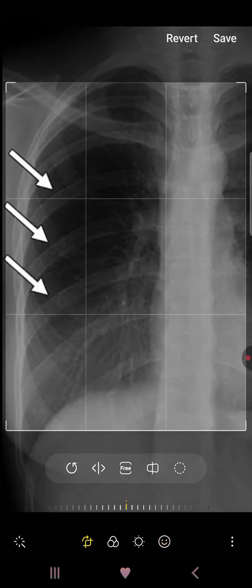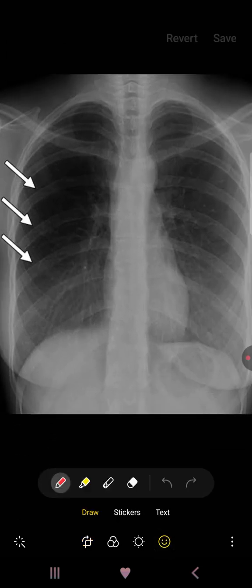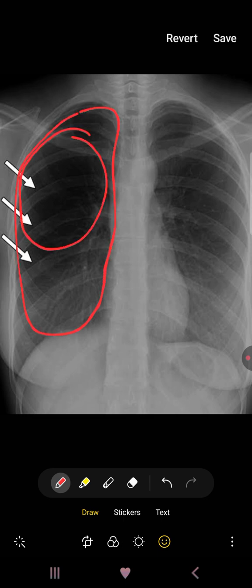Sorry, I just cropped the image, sorry for that. So you may appreciate that this area of the lung appears darker than its own structure and the other lung as well. Now this is known as the increased blackness. The rib shadows may be decreased, the bronchovascular markings may be decreased, and sometimes the ribs completely disappear in this part of the lung.